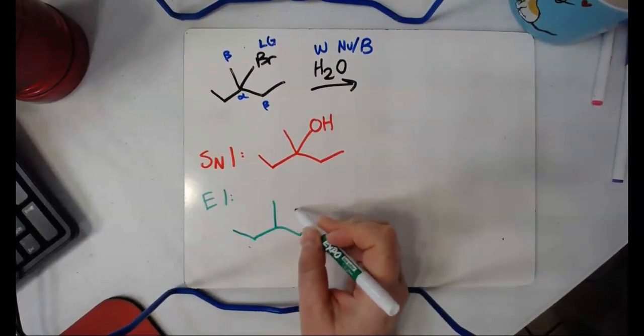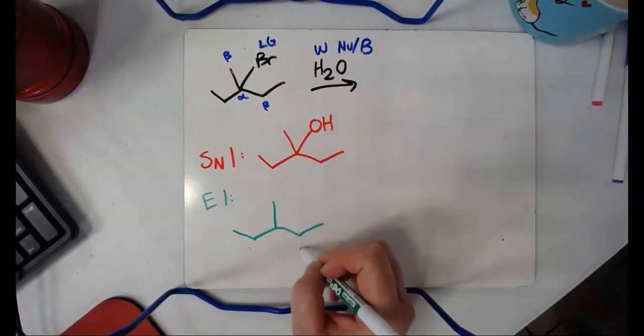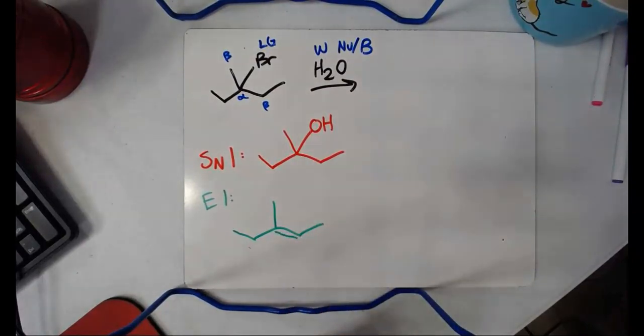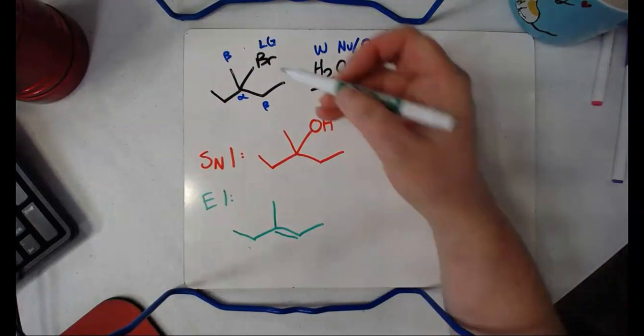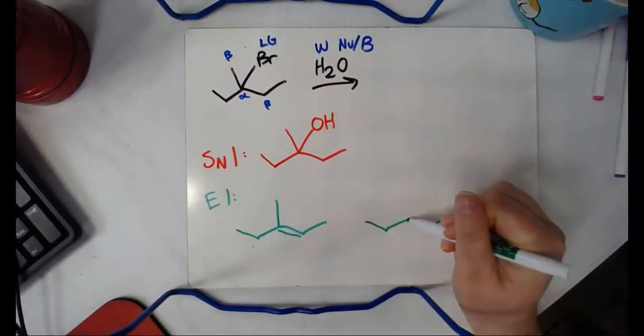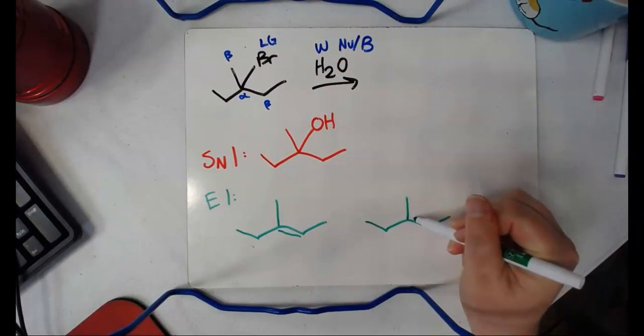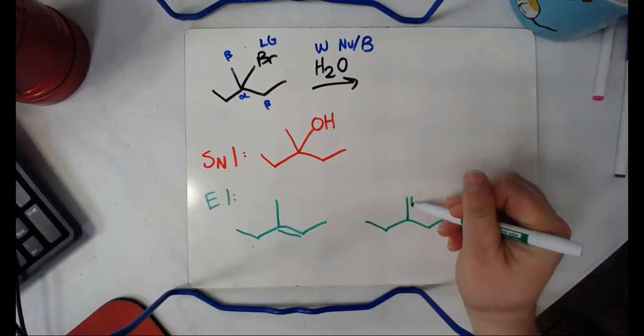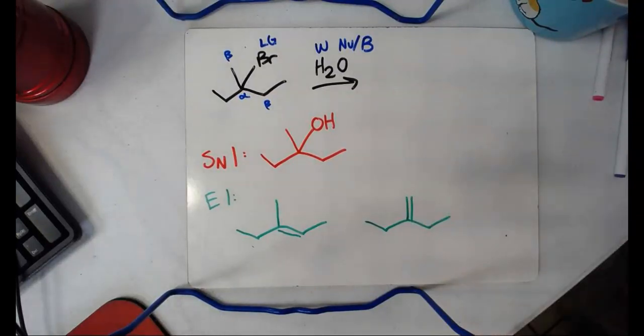And if I lost my leaving group from here and I lose this beta hydrogen, that's my bond. Or we go up to the beta carbon up here and remove that beta hydrogen. So again, my leaving group left from here. My beta hydrogen was removed from here. There's a bond.